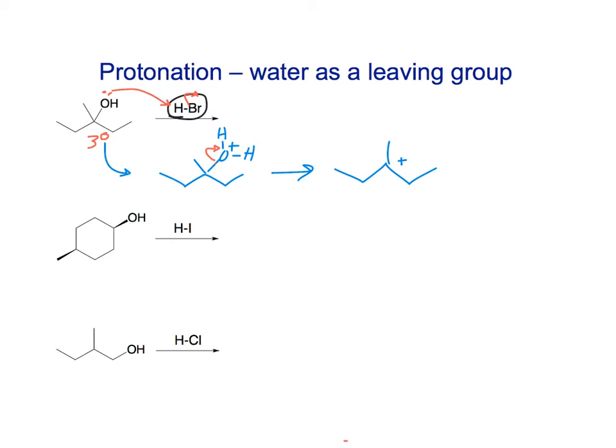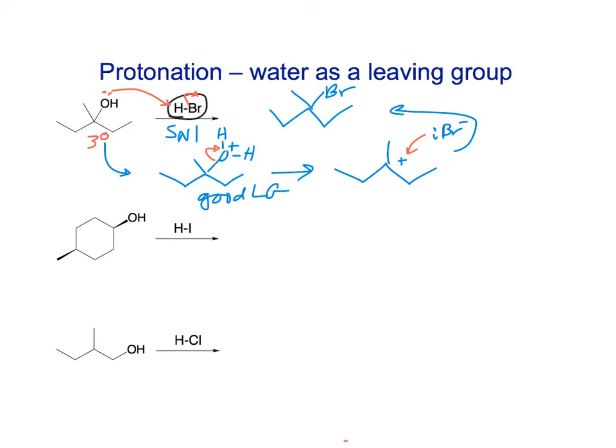Once that carbocation forms, it can react with bromide to form the substitution product. So this reaction follows what we learned for alkyl halides. It takes an extra step to form the good leaving group. So this is an SN1 mechanism.